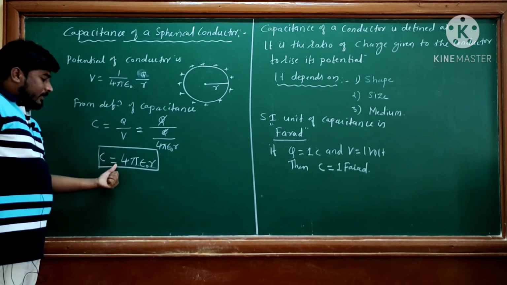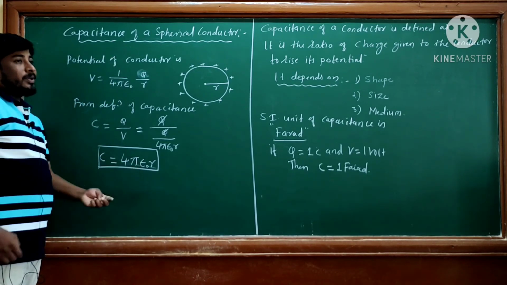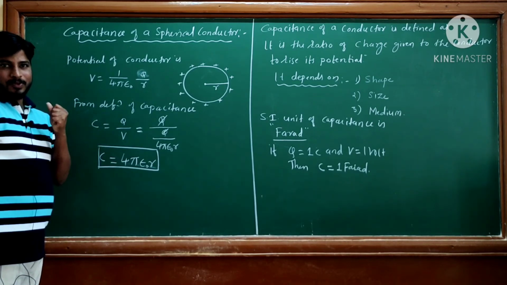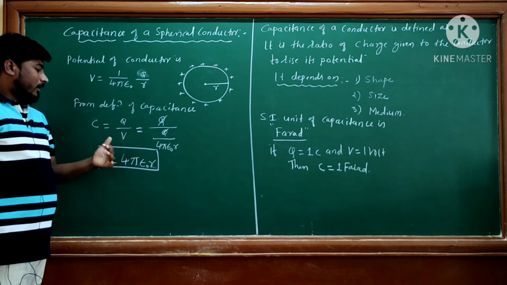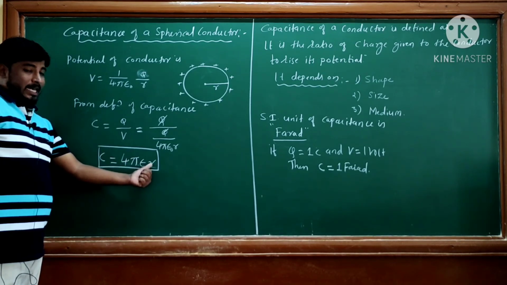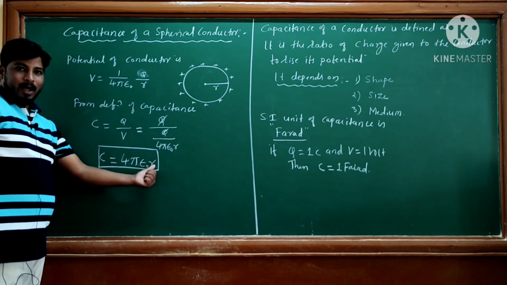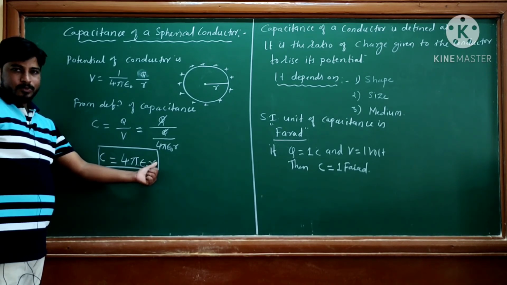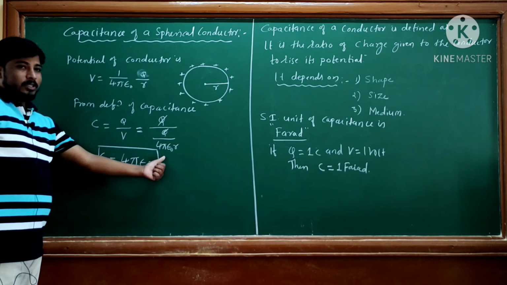Using this capacitance of the spherical conductor, we can find the capacity of the earth also, only by substituting the radius of the earth, that is 6.4 into 10 to the power 3 kilometer.